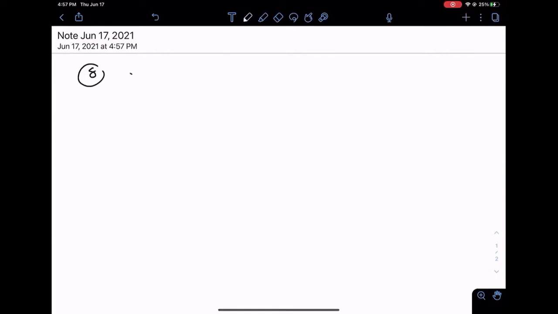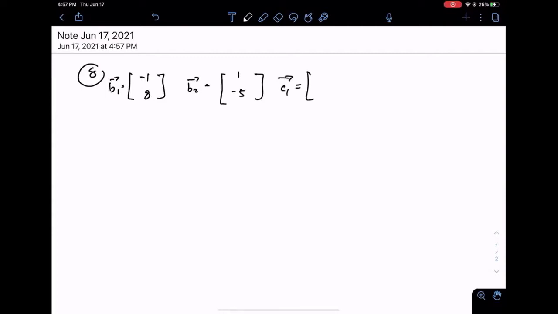We have two different bases for R2. Problem 8 asks us to find two different things.